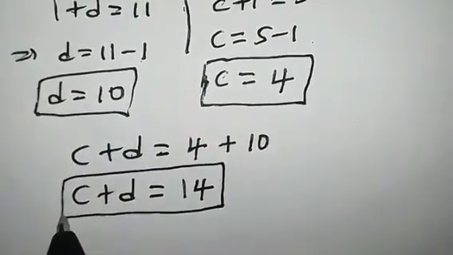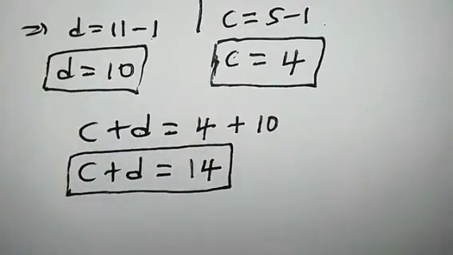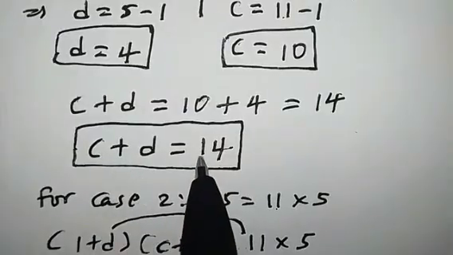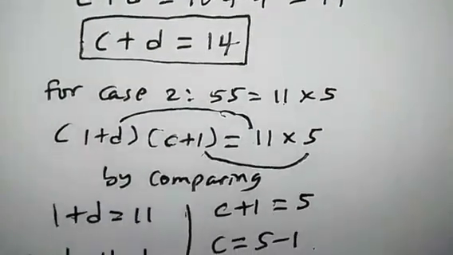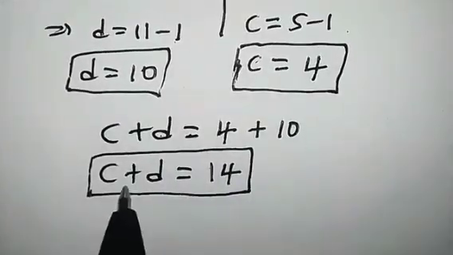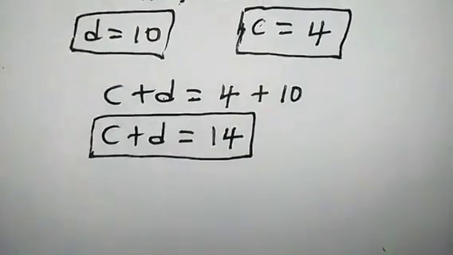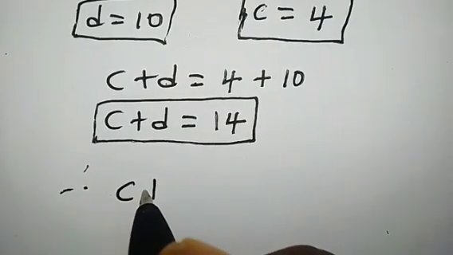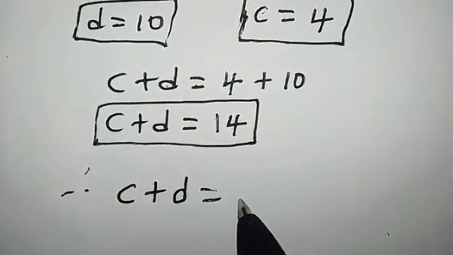You will notice that for case 1, we obtained C plus D equals 14. And similarly, for case 2, we obtained C plus D equals 14. That means, therefore, C plus D is equal to 14.